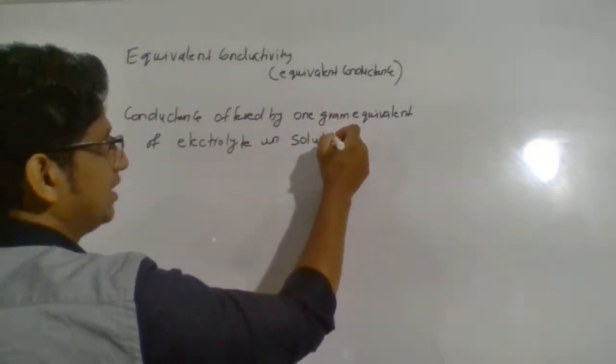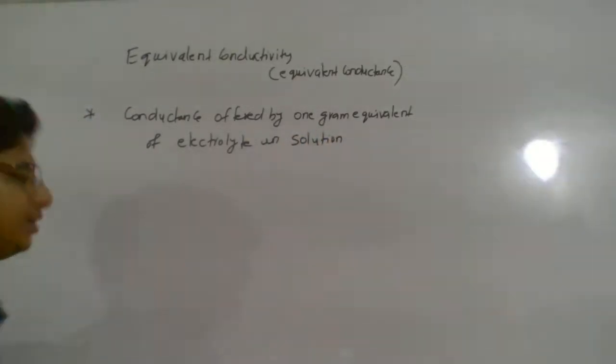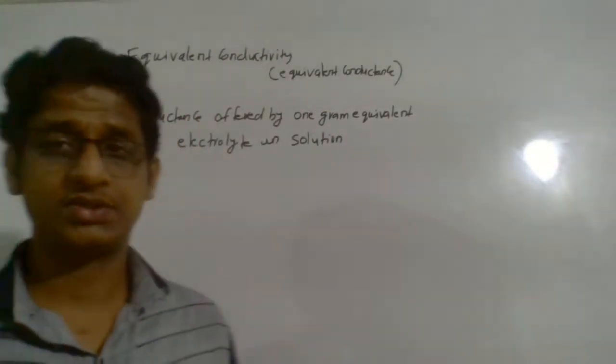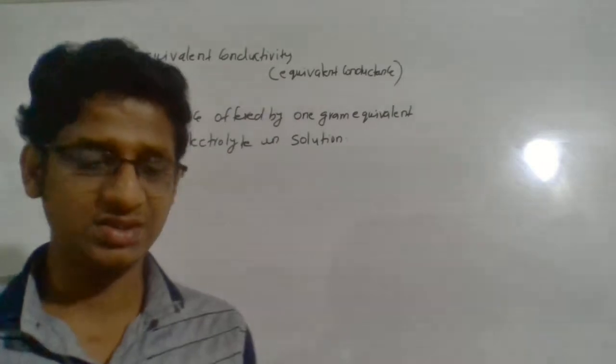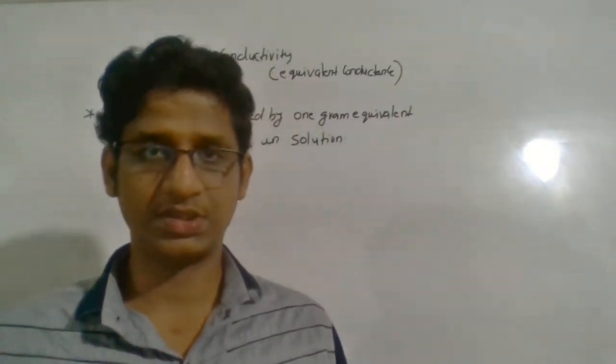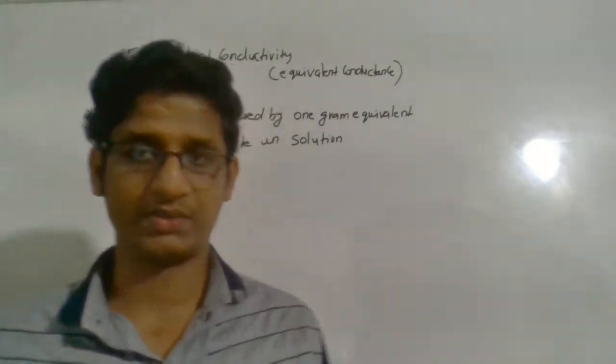So we can say it is equivalent conductivity or equivalent conductance. All about how much conductance is offered by 1 gram equivalent of a substance, that we can say is equivalent conductivity.